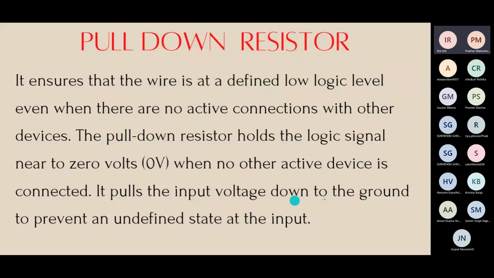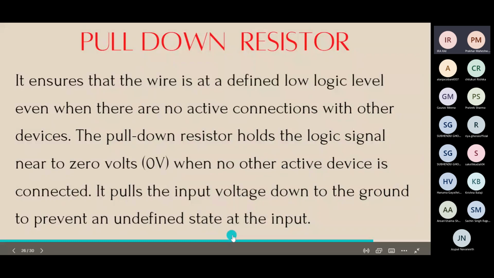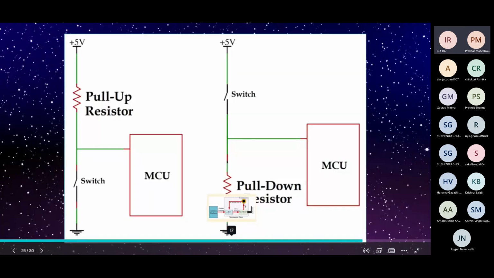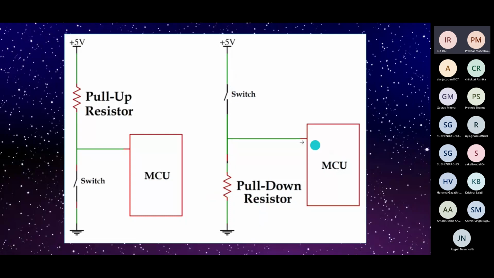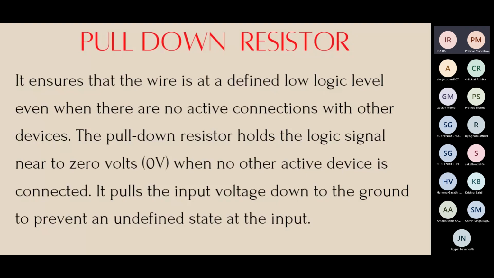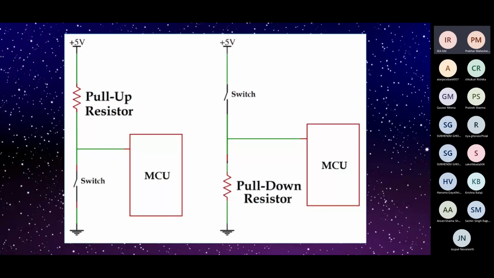It pulls the input voltage down to ground to prevent an undefined state of the input. So this is a pull-down resistor. As you can see, initially the switch is open and it is connected to the ground, so initially this is at a low state. And when the switch is turned on, it goes into the high state. So this was about pull-up and pull-down resistors.